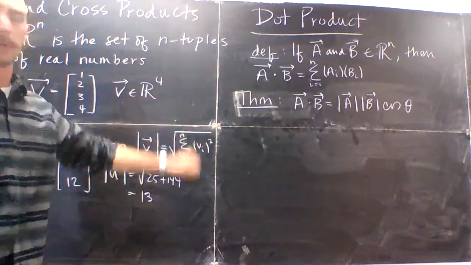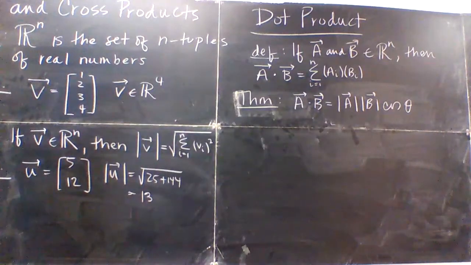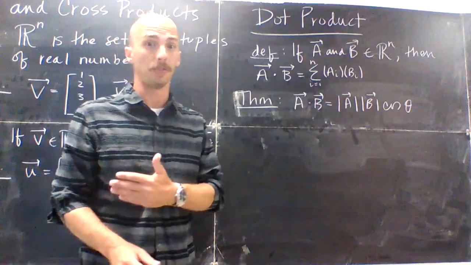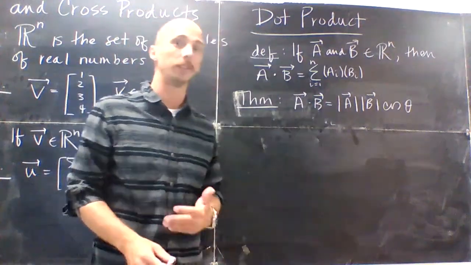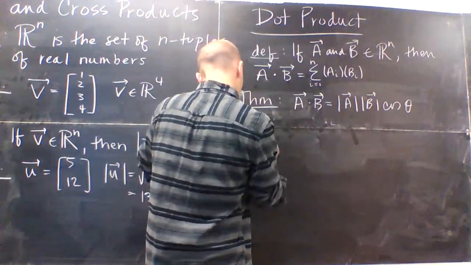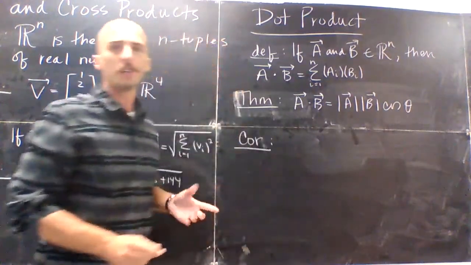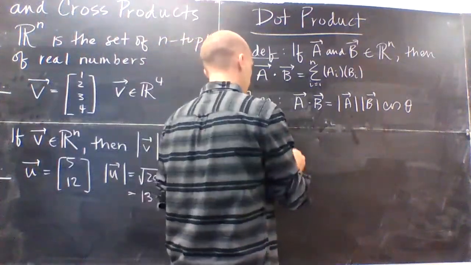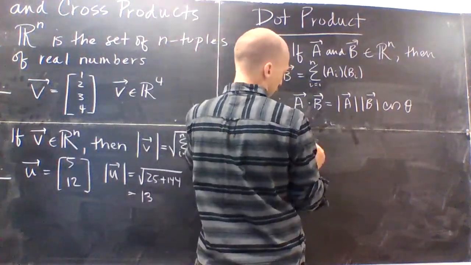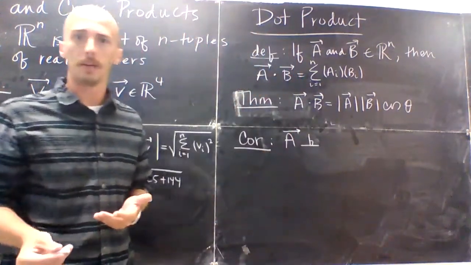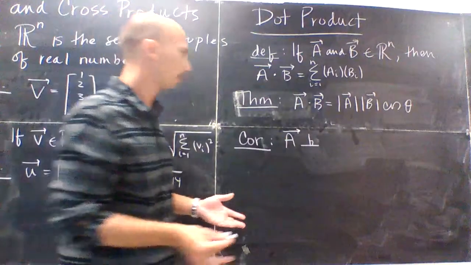Okay, no proof is going to be given right here, but a big corollary to this is going to be really relevant to us for the rest of linear algebra and multivariable calculus and differential equations. I'll probably prove this one as well in that same video: A and B are what we would call orthogonal in this class, which you would have considered perpendicular in the past.